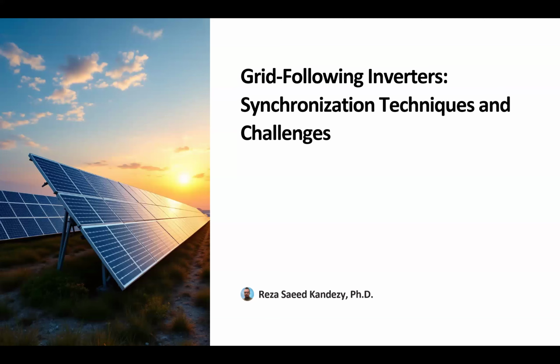If the frequency of the grid is 60 hertz, they work at 60 hertz. If there is a deviation, a problem in the grid that causes a variation in frequency, grid following inverters also follow that variation and basically get out of the desired state. Grid forming, on the other hand, doesn't follow the grid. It actually dictates, it mandates, it creates the desired frequency at its terminal.